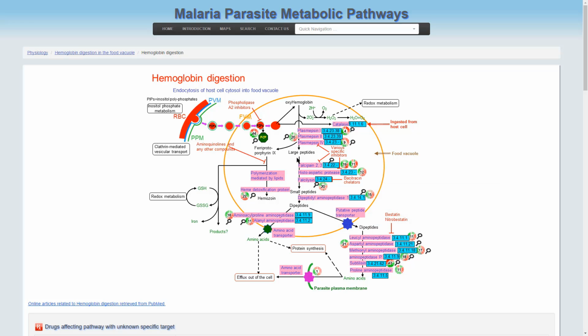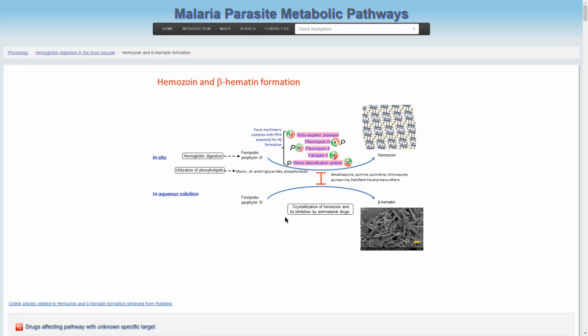The heme, which is produced here, is polymerized into hemozoin mediated by lipids and heme detoxification protein. Here we see a map which describes the polymerization or mineralization of ferriprotoporphyrin IX, or heme in other words, which is mediated by several of the resident proteases and heme detoxification protein to produce hemozoin.